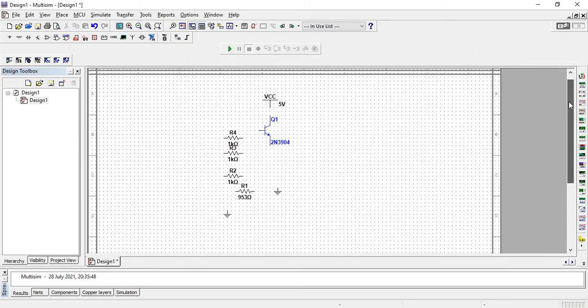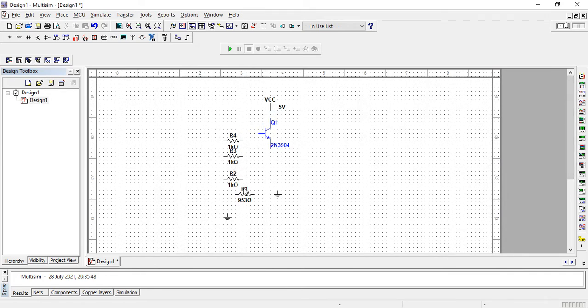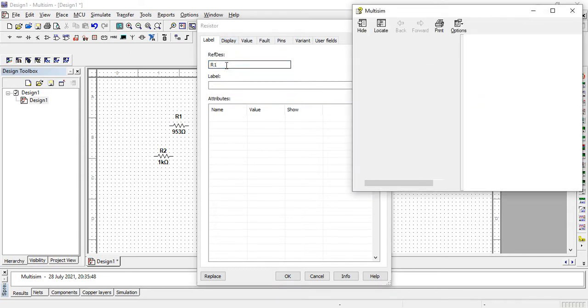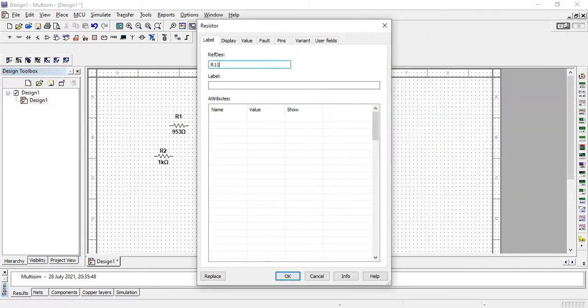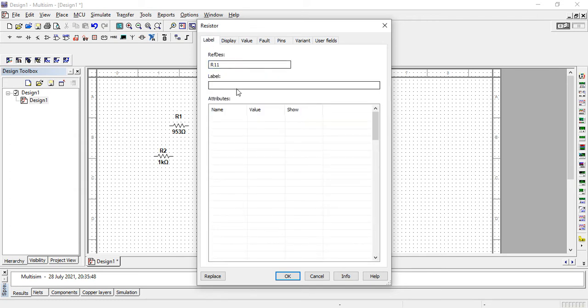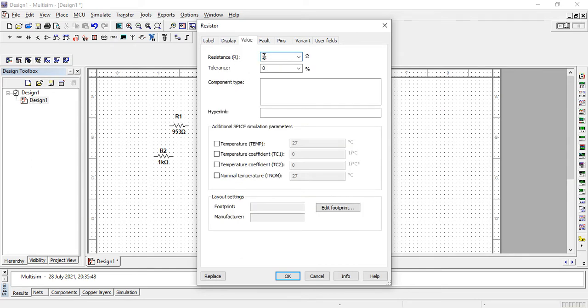So this is your entire biasing circuit, right? Let's take R1. Okay, the R1 we are going to use based on our version is 33K, right?